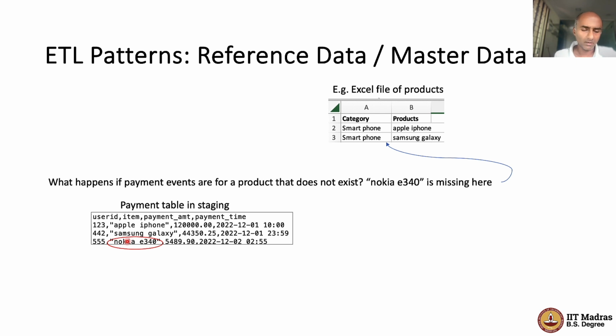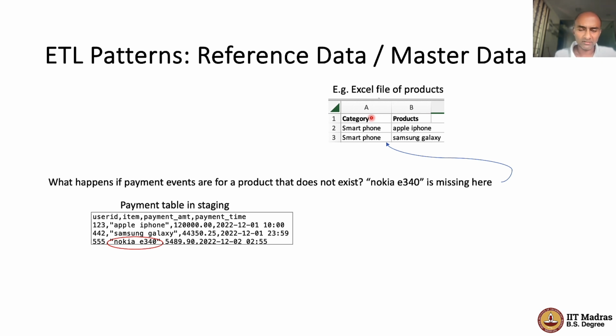A better way to handle this particular way of having missing data in the reference table is you make an entry in your reference table that, hey, I noticed this specific product. It wasn't there when you gave me this reference file as an Excel, but I've made an entry because I found it in the payment table.